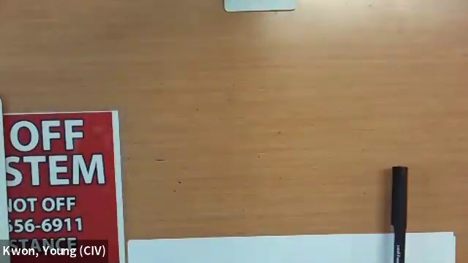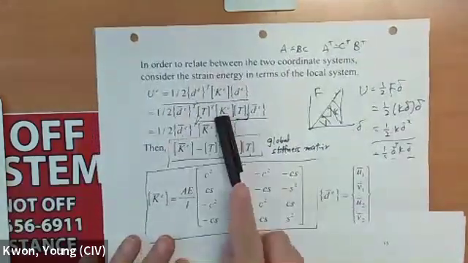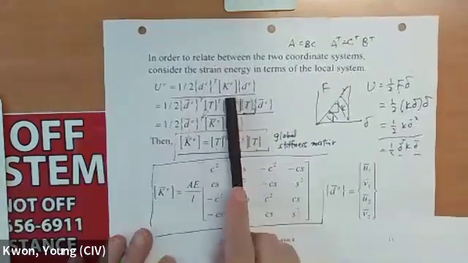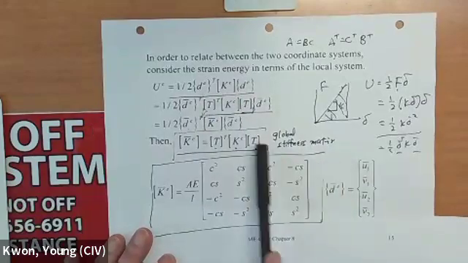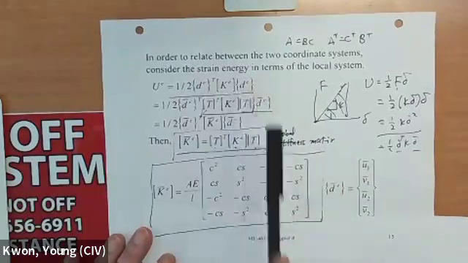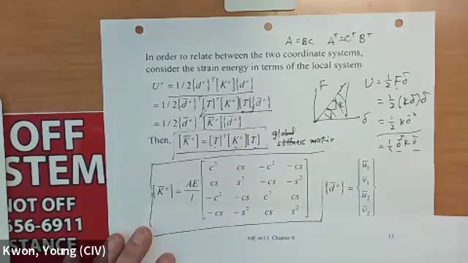From the energy principle, the total energy is one half displacement times the stiffness matrix times displacement. From there, we substitute the local displacement by the global displacement using the transformation equation.